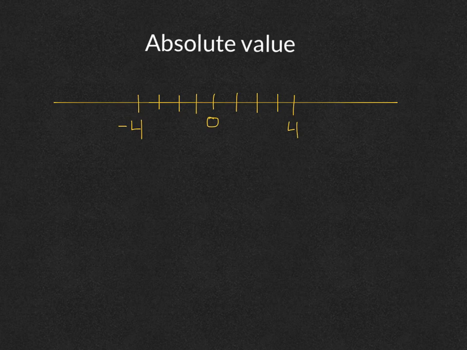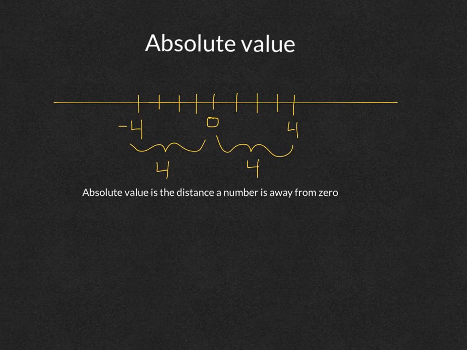Notice that when I went to find 4 on a number line, I had to count 4 units away from 0. And when I went to find negative 4 on a number line, I also counted 4 units away from 0. So absolute value is the distance a number is away from 0 on a number line.